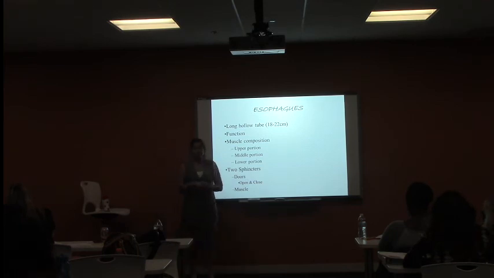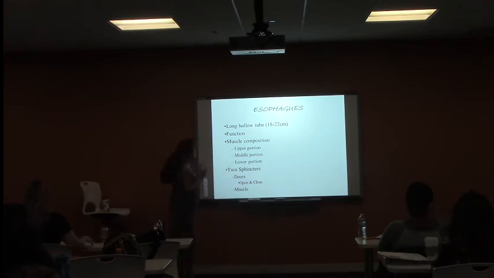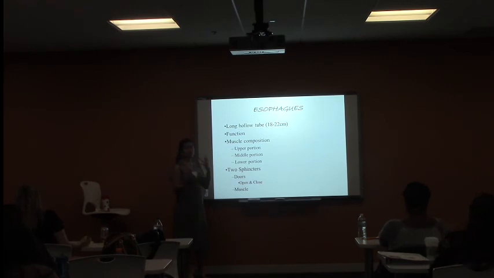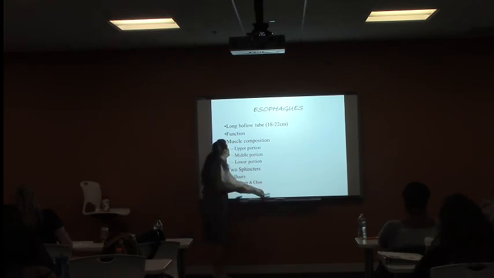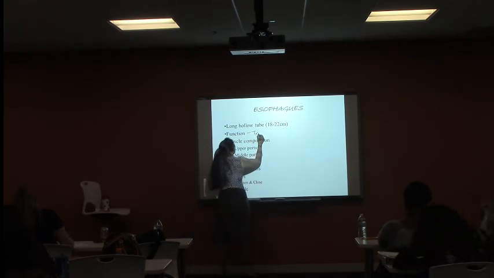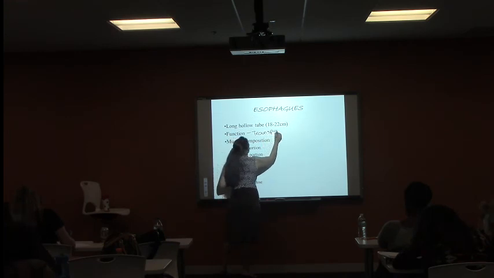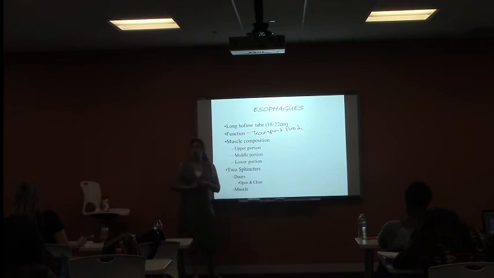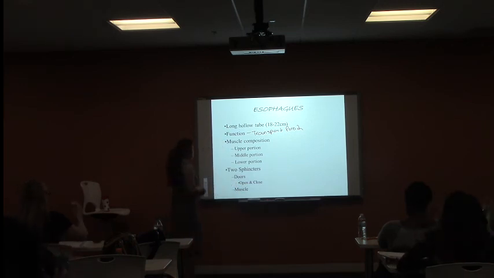Now we're going to talk about the esophagus in a little more detail. It's a long hollow tube about 18 to 22 centimeters long. Its function is to transport food into the stomach.